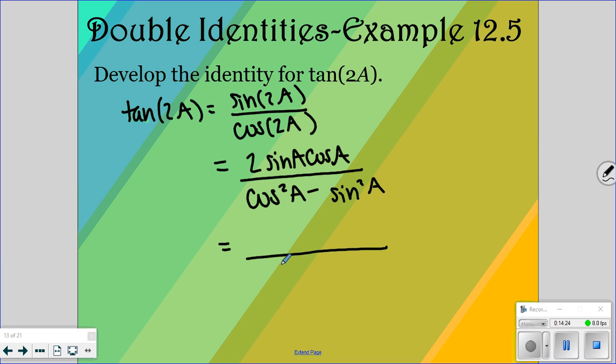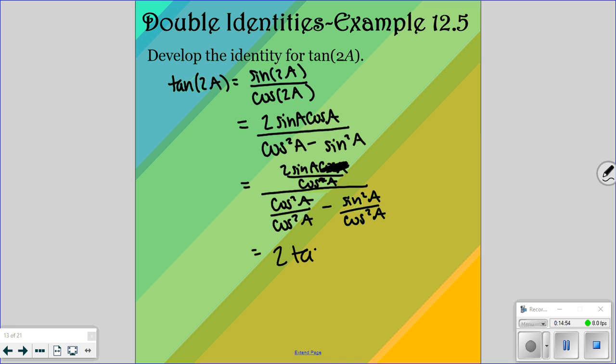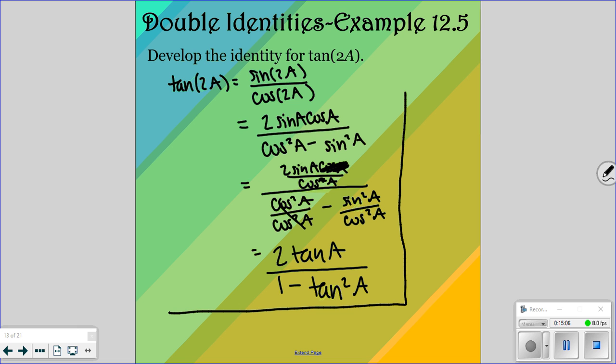So we're going to have to divide everything by cosine squared of A. So 2 sine A cosine A gets divided by cosine squared of A, and then one of the cosines cancels to make it 2 sine A over cosine of A, which is the same as just 2 tangent of A. And then cosine squared over cosine squared is 1, and then sine squared over cosine squared is tangent squared. And so that would be your development for tangent of 2A.